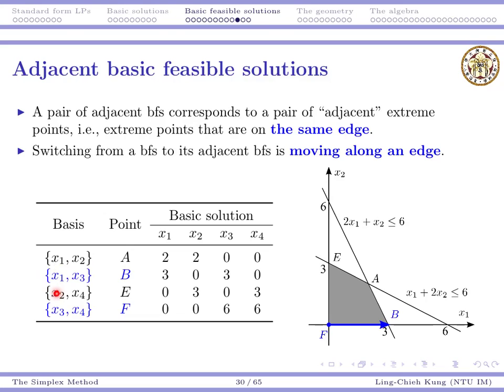Then what's happening is that we move from this extreme point to an adjacent extreme point. Adjacent BFS corresponds to adjacent extreme points. Changing one variable means to move to an adjacent extreme point along an edge.